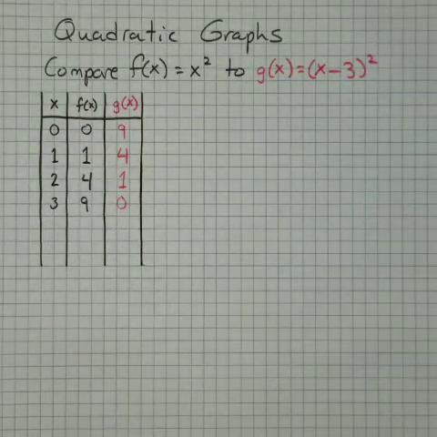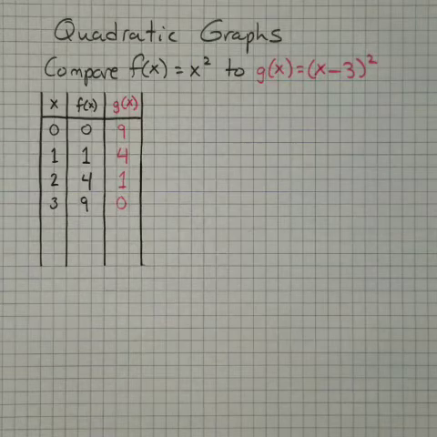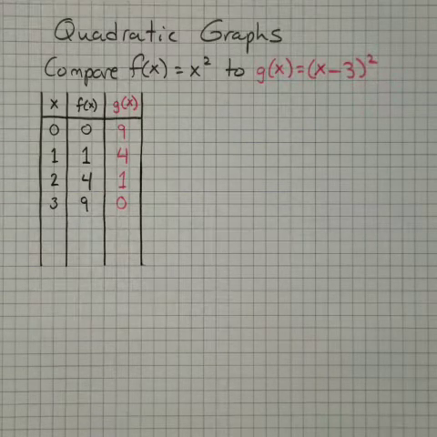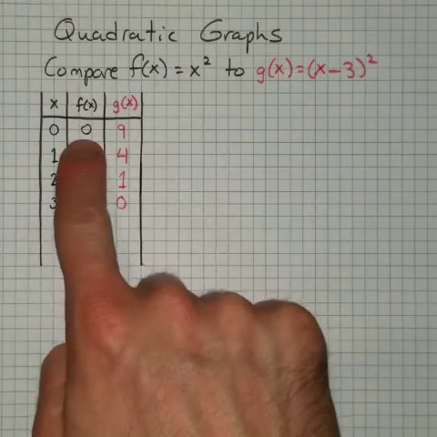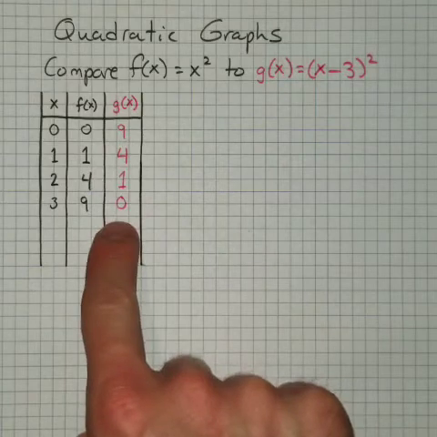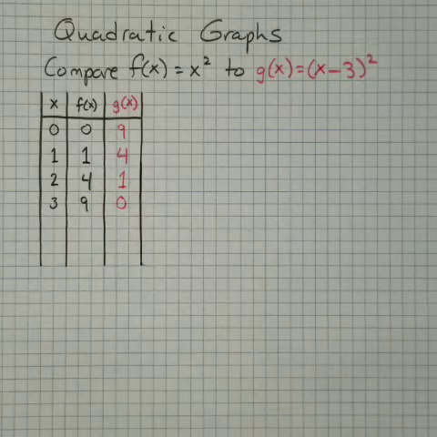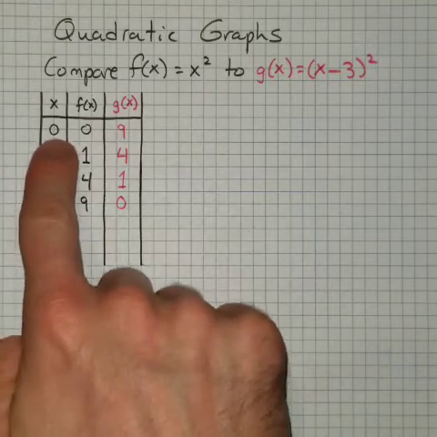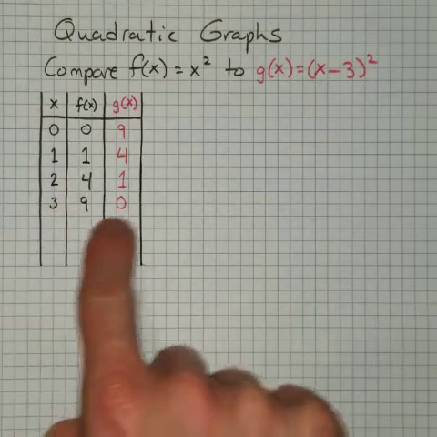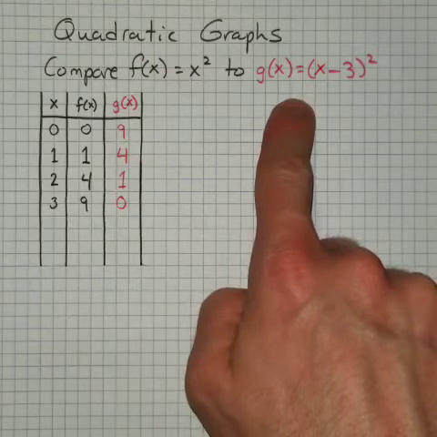Okay, so for these first 4 points, you might notice something a little bit odd. This one goes from 0 to 9, this one goes from 9 to 0. They're in kind of reverse order. We know that these positive values of x are the part of the parabola going up to the right.